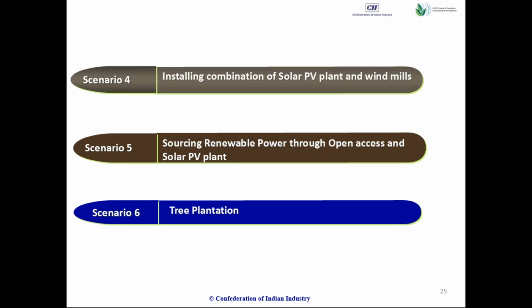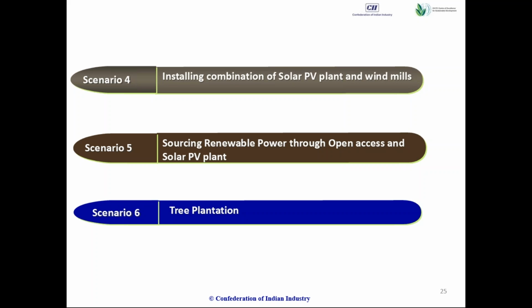Scenario 5 is the most preferred scenario. It is the least cost scenario, and it is being used by companies the world over to become carbon neutral. In this scenario, the company sources renewable power through open access. So what happens is, suppose I am the owner of an IT company.